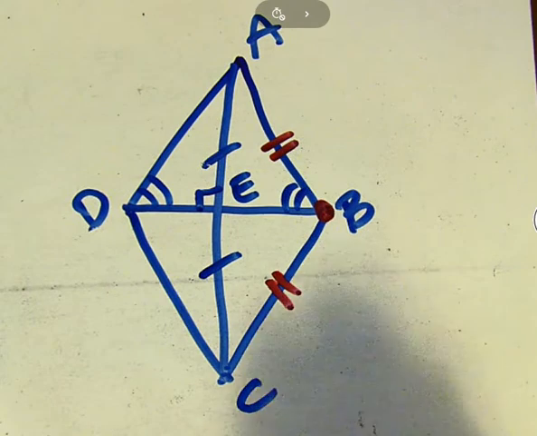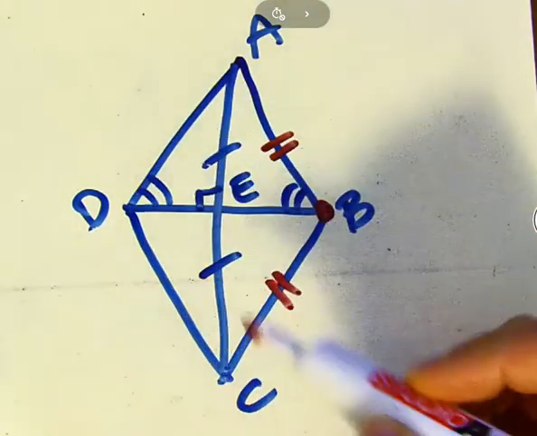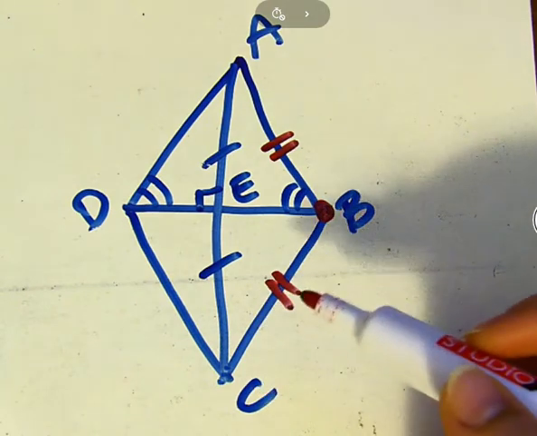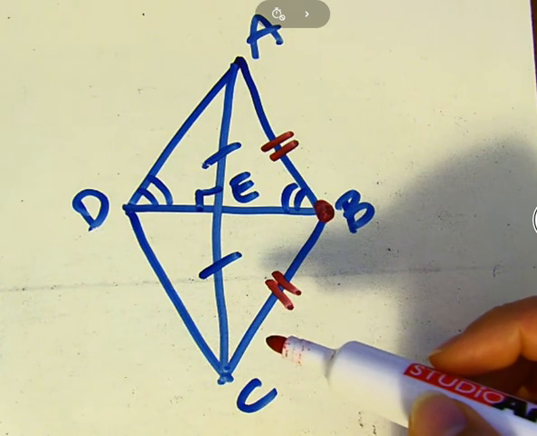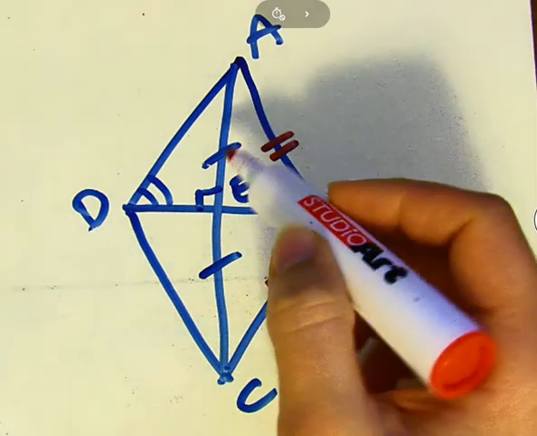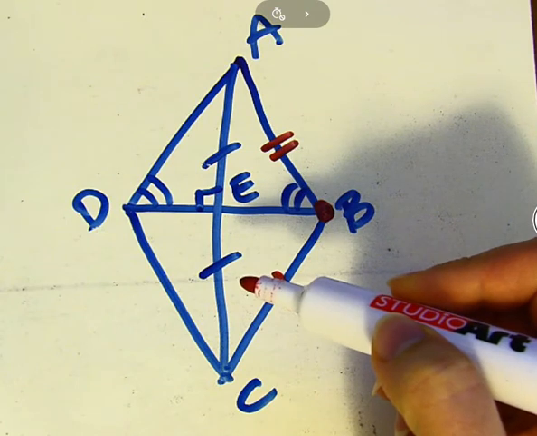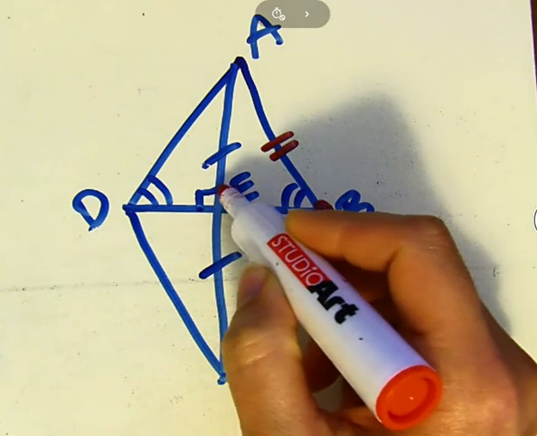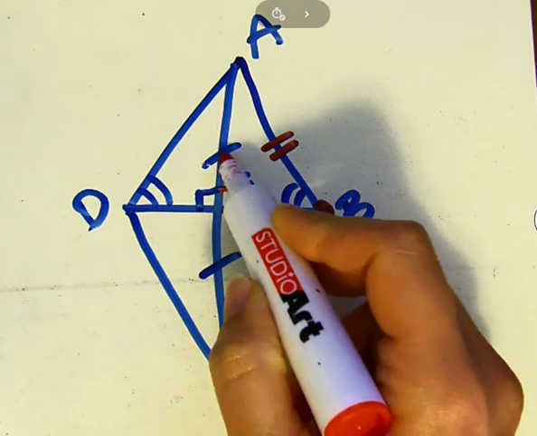I'm going to move on to proving that AB is congruent to AD. One quick method that comes to mind is to use the fact that these two triangles are congruent by AAS.